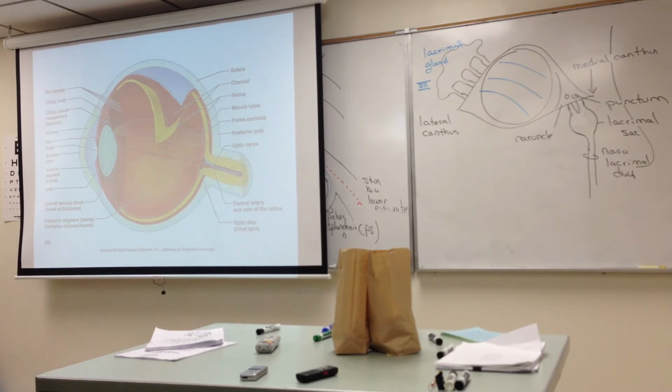The outer layer, you can see here, a middle layer that is vascular or formed of muscle, and the innermost layer, which is primarily where we find our nerve cells, either the receptors or the cells that are going to carry that information out to the brain.